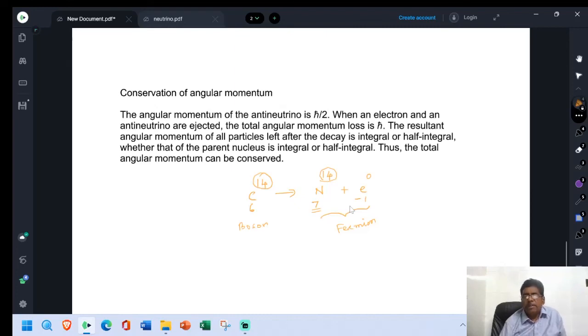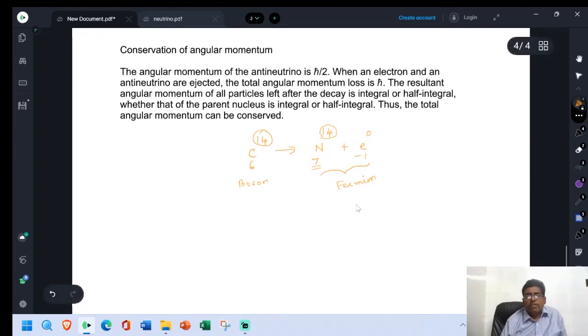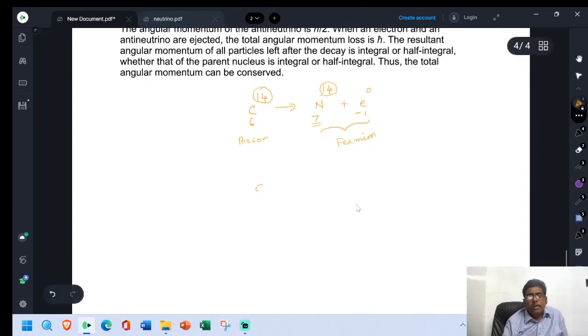Now if you treat this with the inclusion of antineutrino: carbon 6, 14, nitrogen 7, 14, electron and antineutrino. The spin value is h cross by 2. This is also having the spin value of h cross by 2.